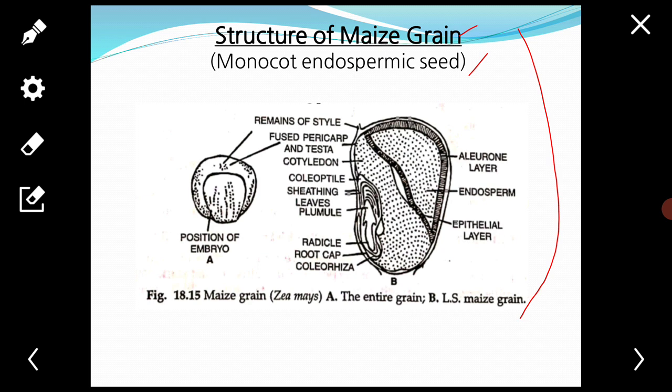Maize grain is in fact a dry, one-seeded, indehiscent fruit of caryopsis type, in which the pericarp, meaning the fruit wall, is fused with the seed coat. The covering of the grain encloses two major parts. One is the endosperm and the second is the embryo.